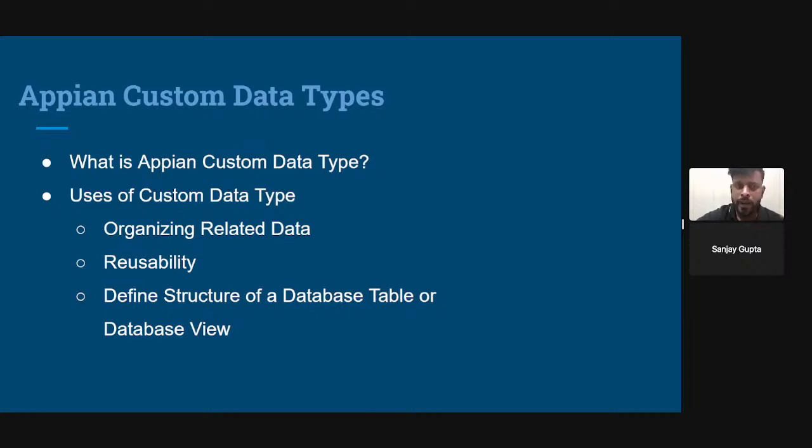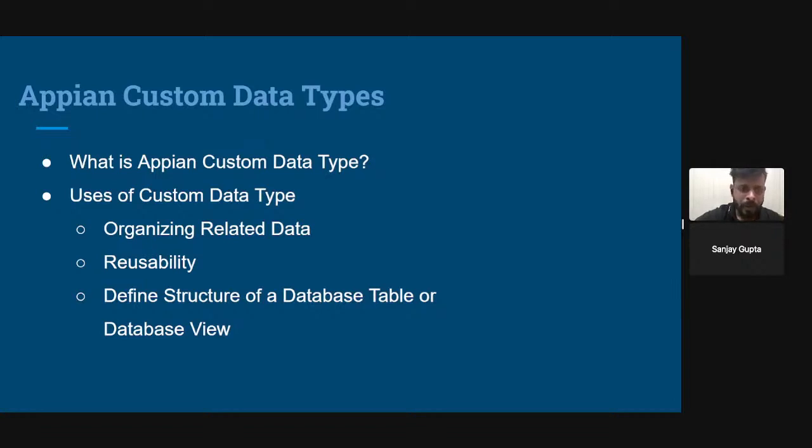For address, we cannot take the data type as text, and we cannot take it as integer, because it is the combination of multiple subfields. Postal code can be integer, and street name can be text. So it will be a combination of built-in data types. To create the custom data type, we use built-in data types.